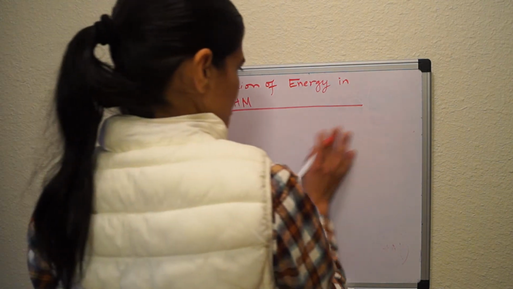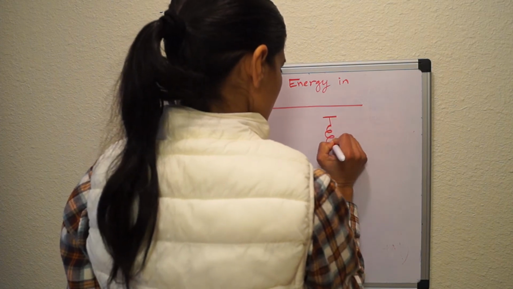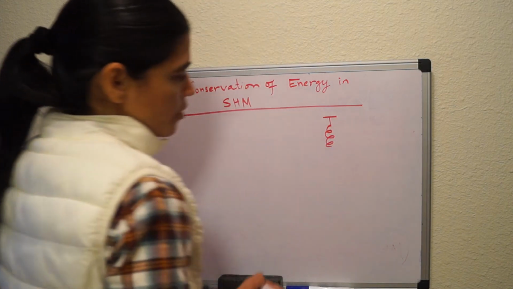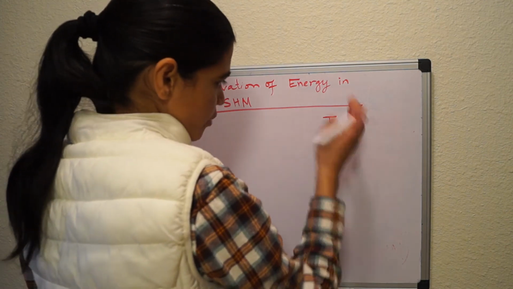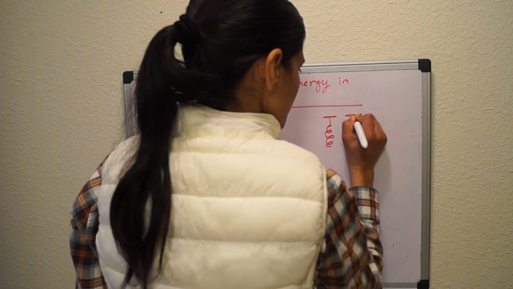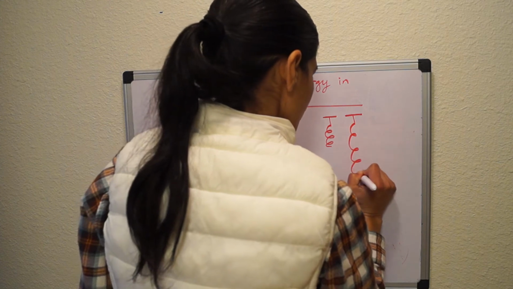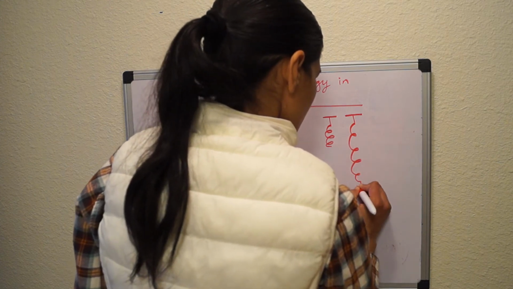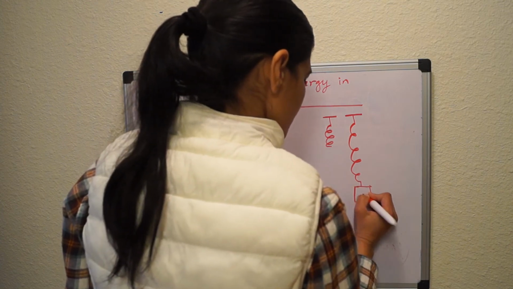So I'm going to draw a mass spring system here. This is our original length of the spring when we had nothing. Once we put some mass here, it's going to stretch down, right? Let us call this here, and then let's make a dot here.